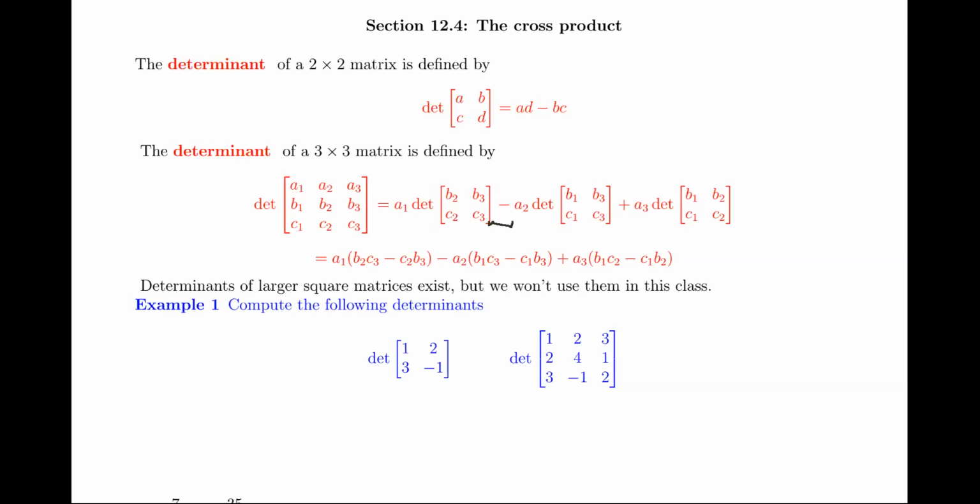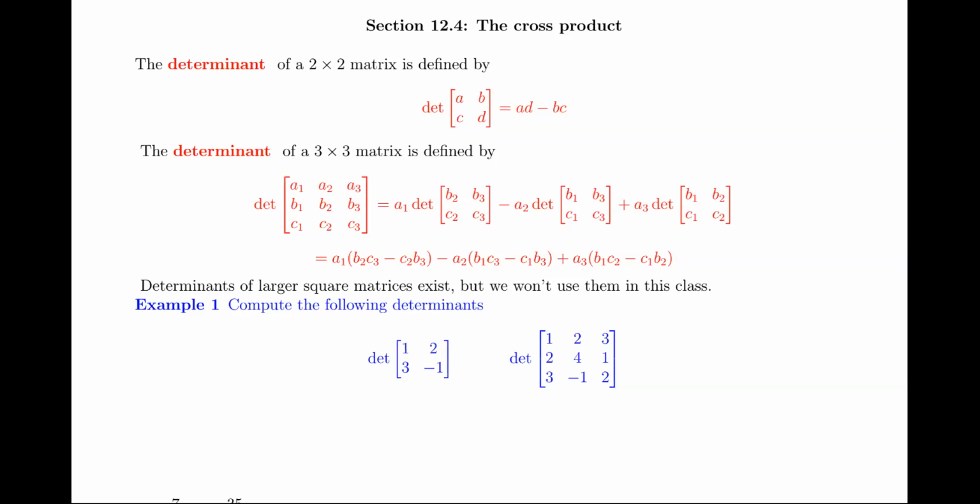We subtract A2 times the determinant of what's left over if you cross off that row and column. So what's left over is B1, B3, C1, C3. So we subtract A2 times the determinant of that.